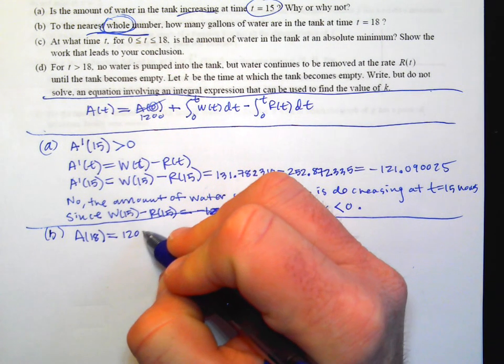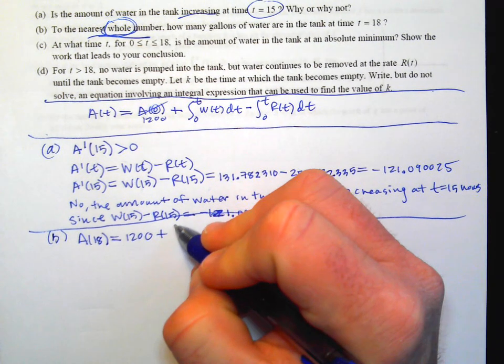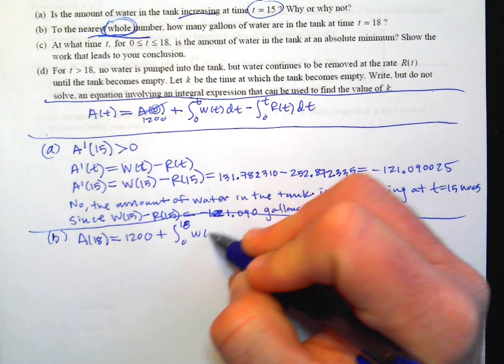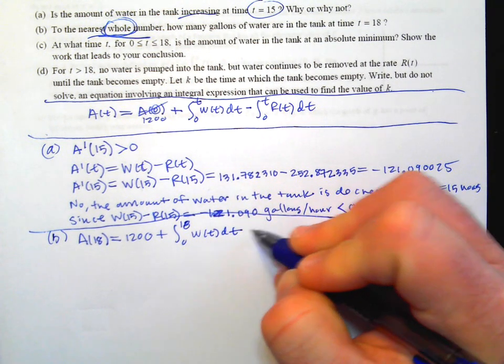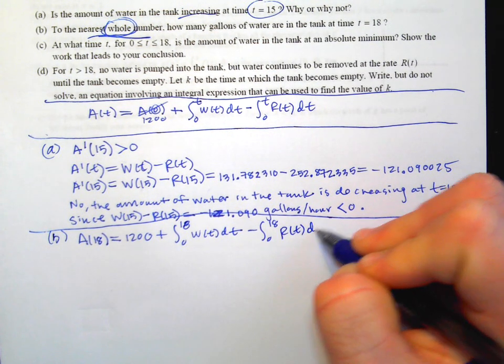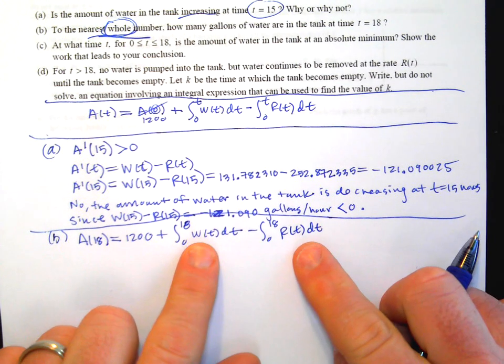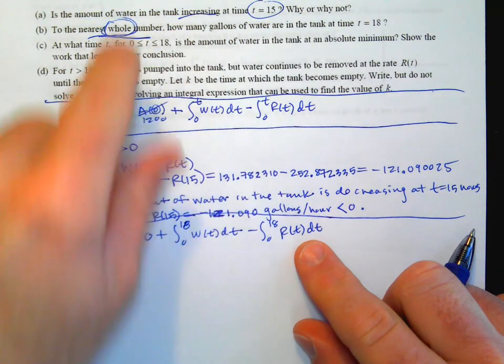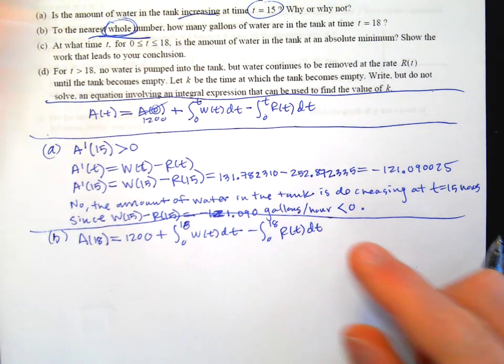The amount at 18 is 1200 plus the integral from 0 to 18 of W(t) dt minus the integral from 0 to 18 of R(t) dt. Now, one of the things that I just want to point out again is you can just write W(t) and R(t) in your setups and get full credit. You don't have to write the crazy equation. They named it W and R, so you can use their names.